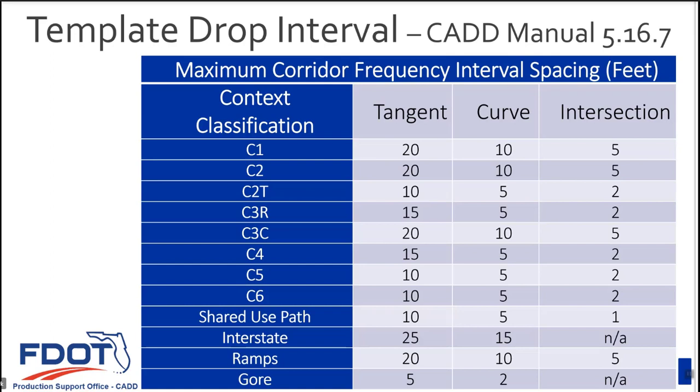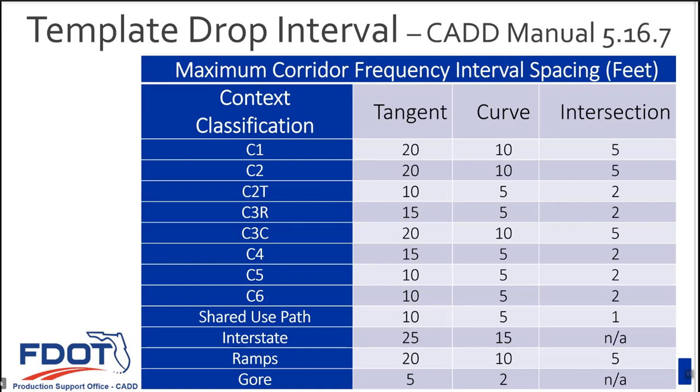For this particular project, I think it's a C3. I want to say it's a C3C offhand. Regardless, I know we've looked it up, and it's using 20 feet as a maximum interval. So that's what we're going to be setting it to when we build our corridors.